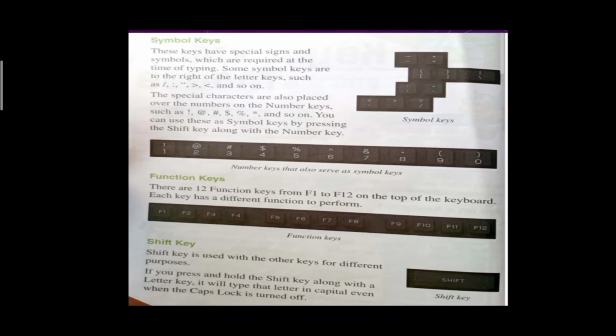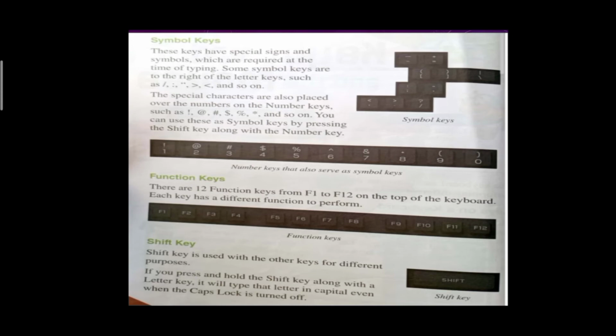Now symbol keys. These keys have special signs and symbols which are required at the time of typing. Okay children, when we are typing we need some question mark, full stop, less than, greater than, brackets. At that time we can use symbol keys. Okay, some symbol keys are to the right of the letter keys है ना, we all know.